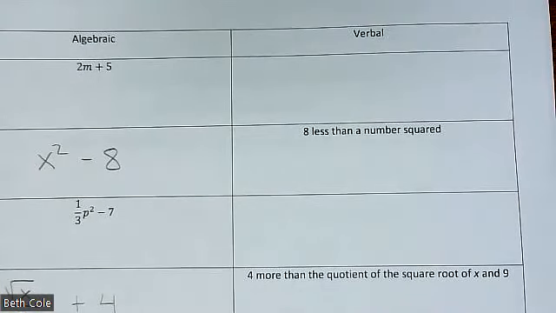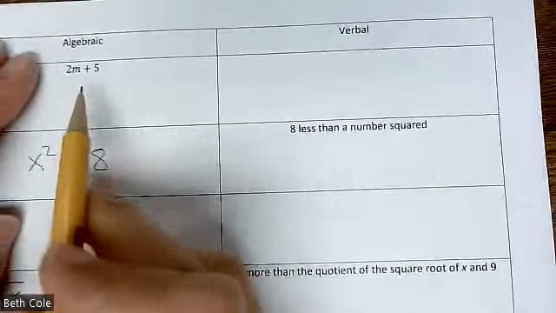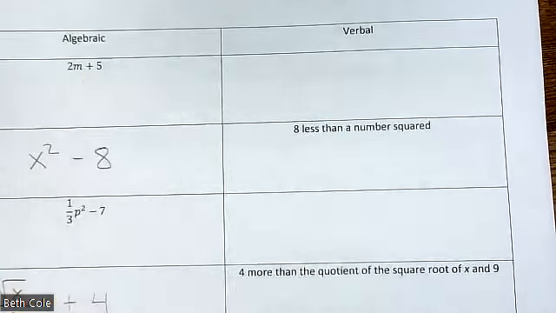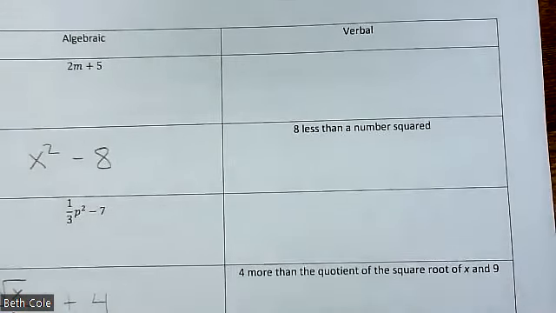Now, when we do the other column, in my opinion, I think this is a little tougher because you have to write words, but easy and difficult is always an opinion, because what's easy for someone might be hard for someone else and vice versa. Okay, but we're going to write these out in words. So instead of x, they used m. That's fine. You just have to say a number. There should be no symbols in here at all, only words.